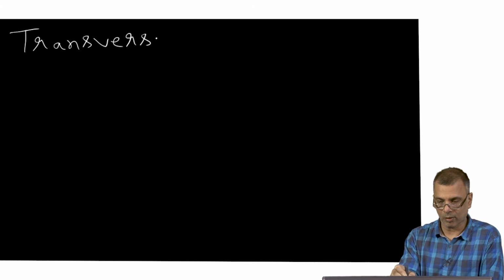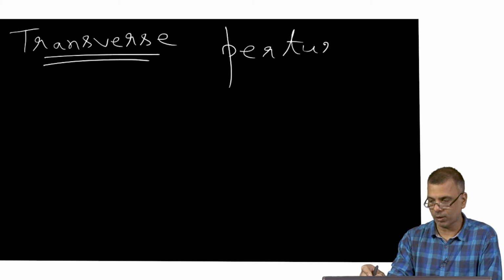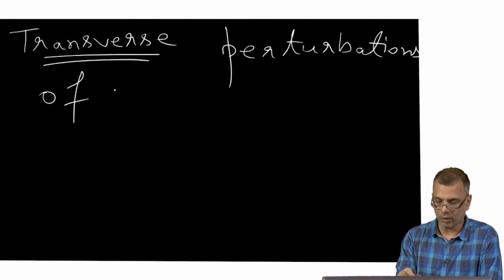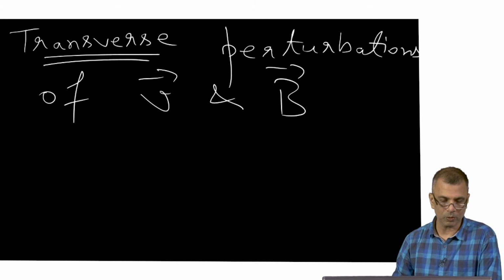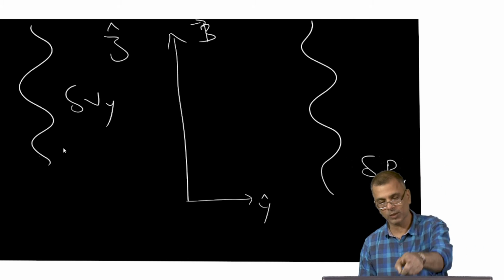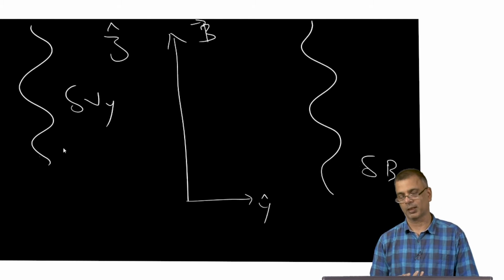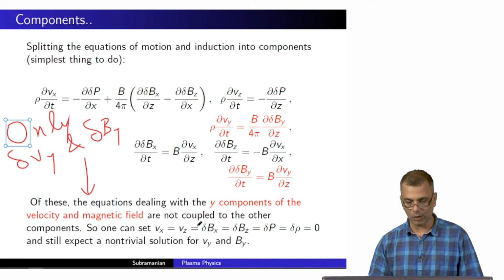We are talking about perturbations of V and B that are transverse to the uniform magnetic field direction. That is the main thing I want to emphasize here.